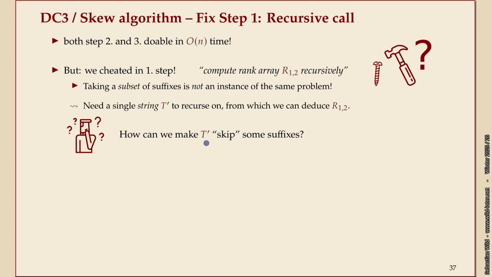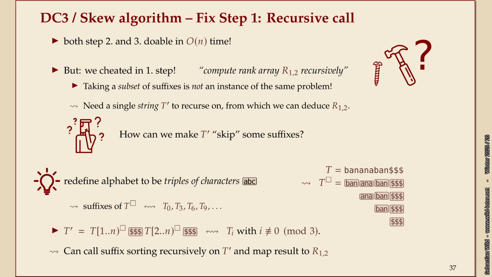So we want a string t prime that lets us skip certain indices in the starting positions for suffixes. Well, to do that, we just bunch characters together and treat them as a single character. In this case, because you're essentially doing everything modulo 3, you consider triples of characters.